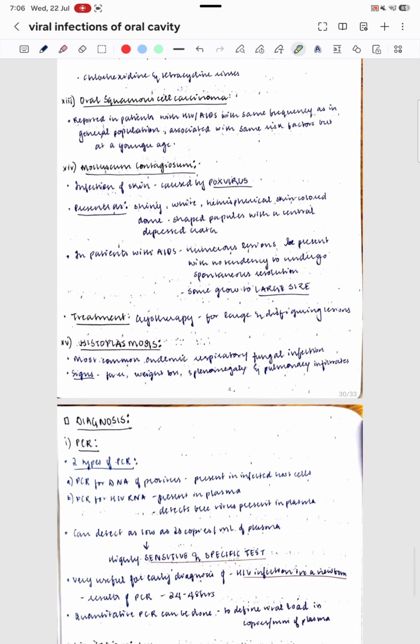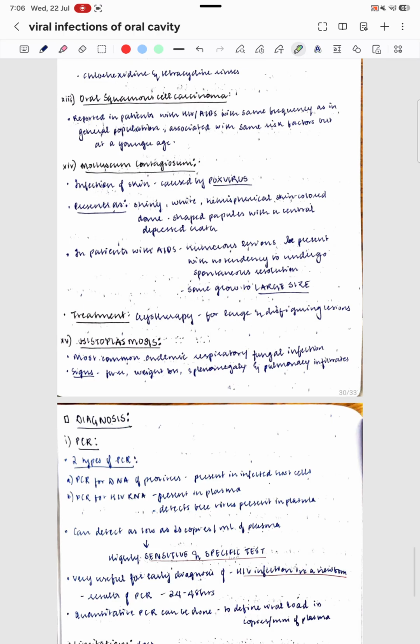Then you have molluscum contagiosum, an infection of the skin caused by a pox virus. It presents as a tiny, shiny white, hemispherical, skin colored, dome shaped papule with a centrally depressed crater.